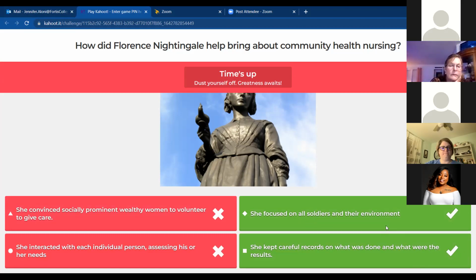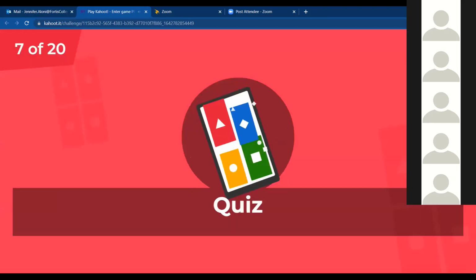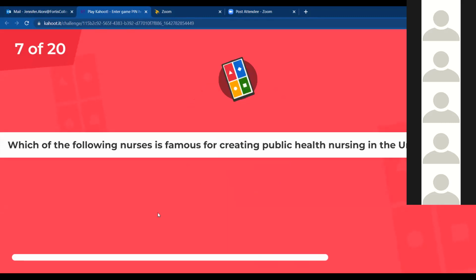So here we're focusing on the environment, and she kept records so that we knew what we could improve for our patients. There was another one as well about the cadet nursing after World War II, right? I wouldn't worry too much about the history though. It's one of those nice to know things.